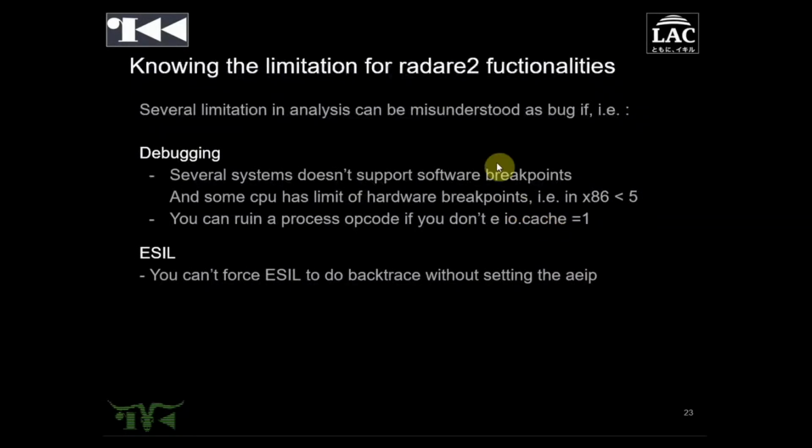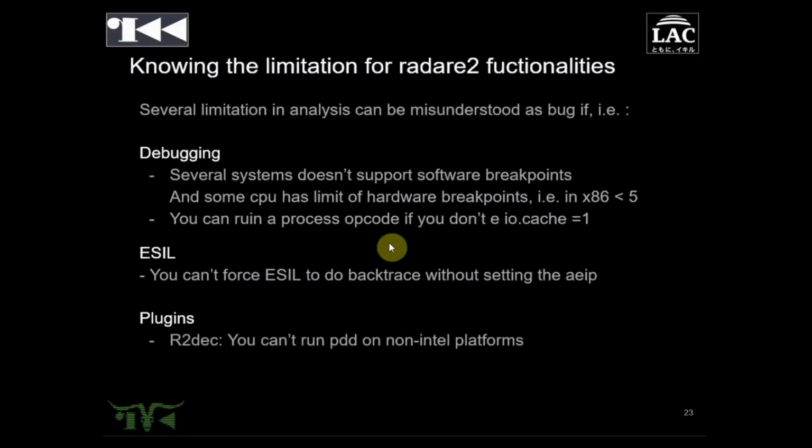And not only about the analysis, but in the plugins also there are several limitations that you have to understand too. For example, in the R2Dec plugin, you cannot run PDD on non-Intel platforms like MIPS or PPCs, because it's just not supported for those platforms.